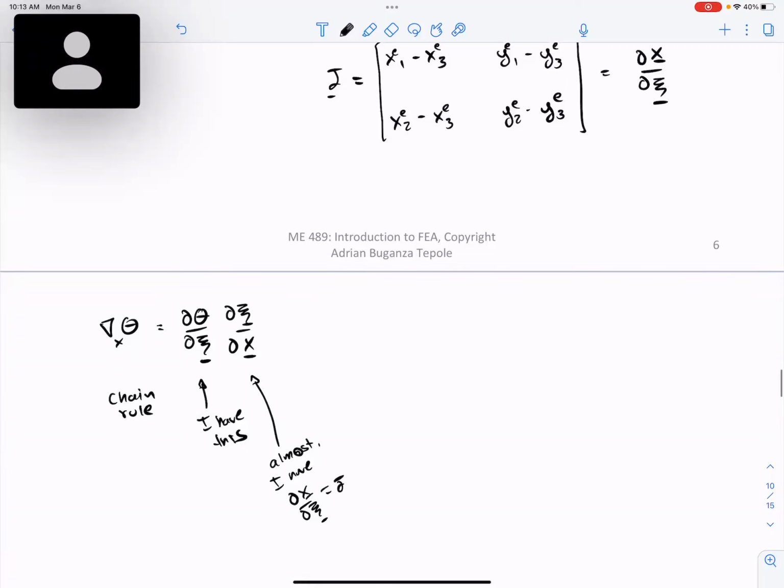So what I'll need to do is multiply the inverse of that Jacobian matrix times the gradient of theta with respect to psi.